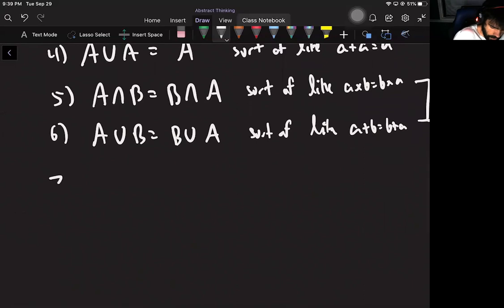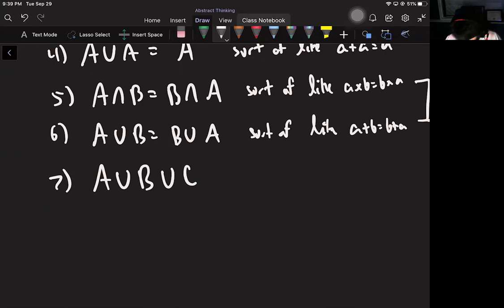Okay, the next ones are the associative laws. Oops, I gotta write them before I write the name. Okay, need to do that. So the associative laws are all about what happens when you have more than two things being stuck together. The point is that you could do these two first, and then you could do the next one.